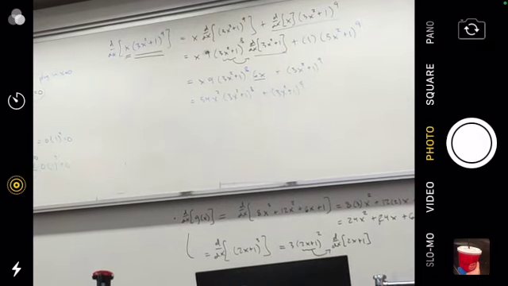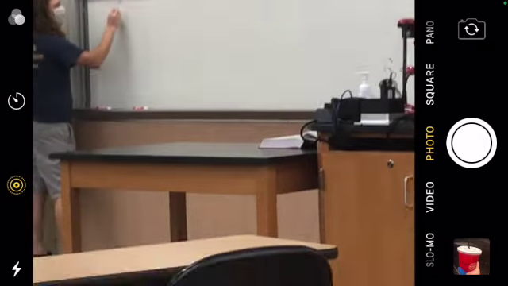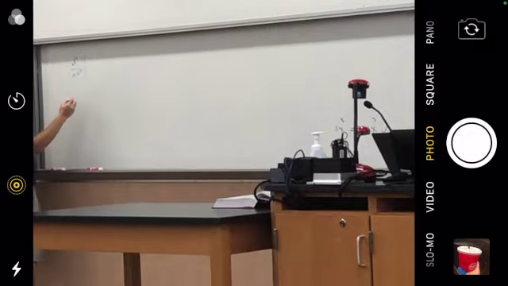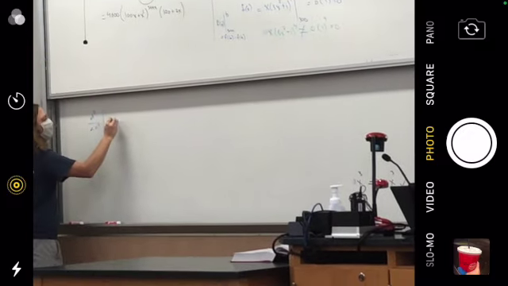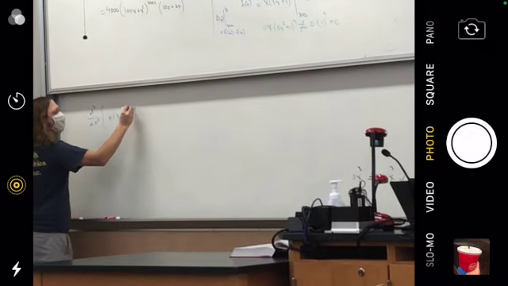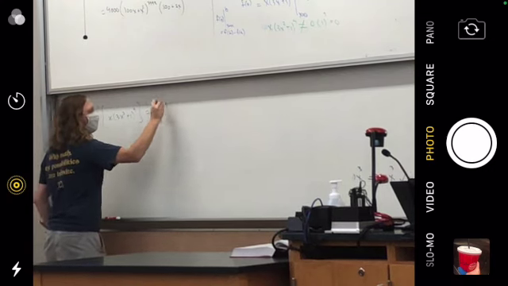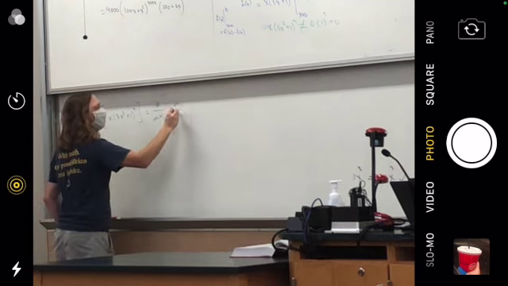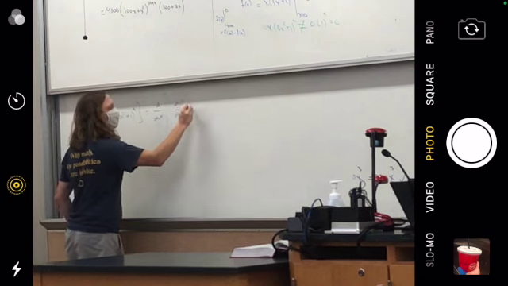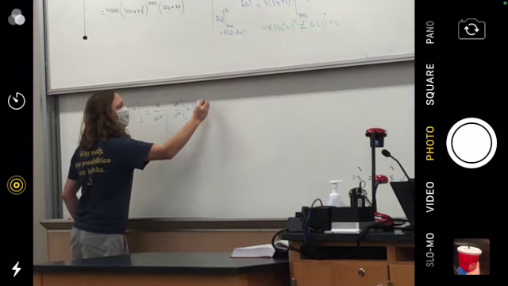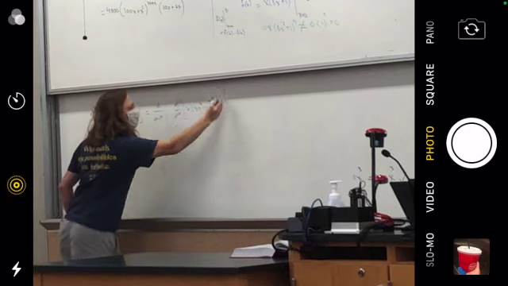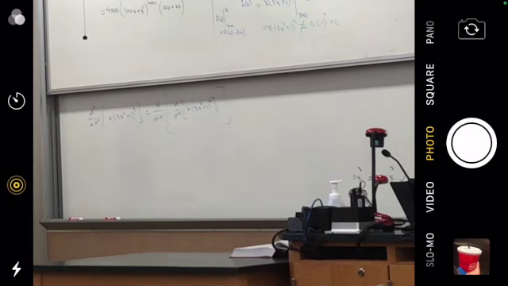So, this notation, second derivative of where I started with, that really means find the derivative of the first derivative, right? Second derivative says find the first derivative, then take its derivative.